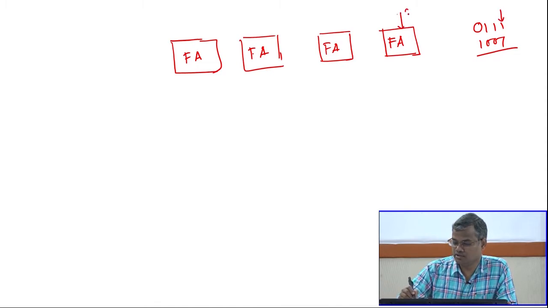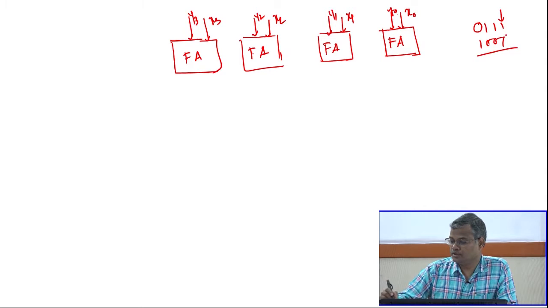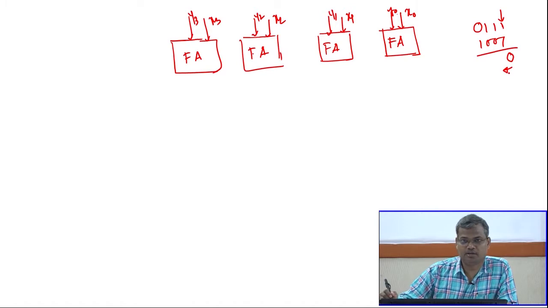So, here we can write x 0 y 0, this will be x 1 y 1, this will be x 2 y 2, this will be x 3 and y 3. Now, what do we do here? Adding 1 1 we put 0 and then the carry we propagate to the left side. Similarly, let us say this block is full adder 0, this is full adder 1, this is full adder 2, this is full adder 3.